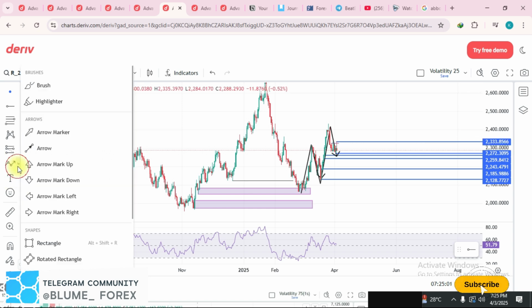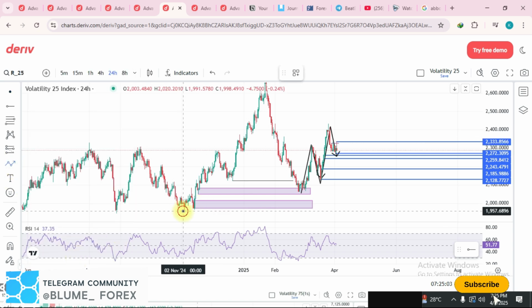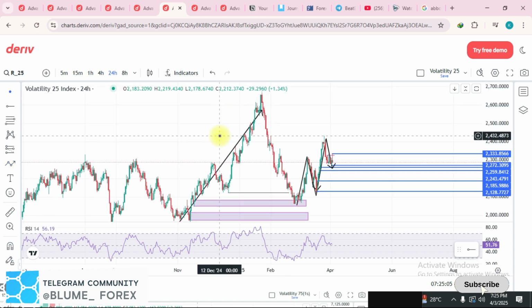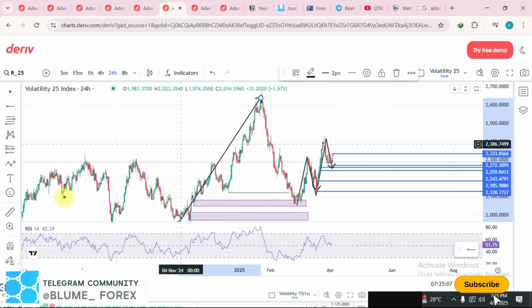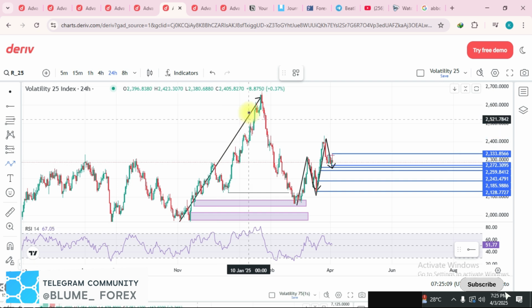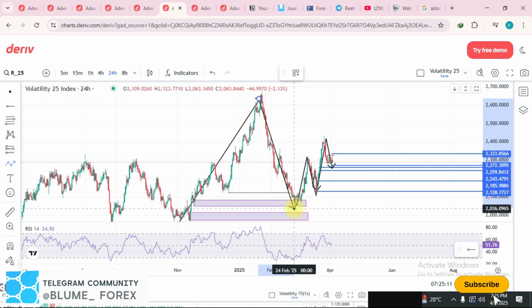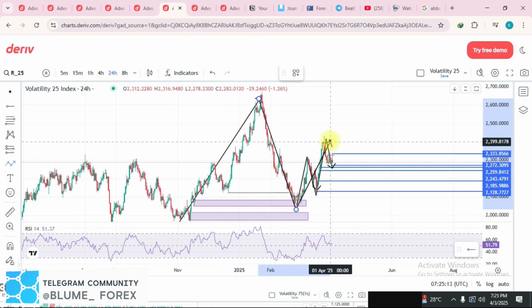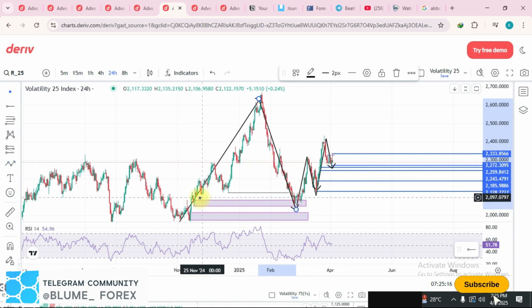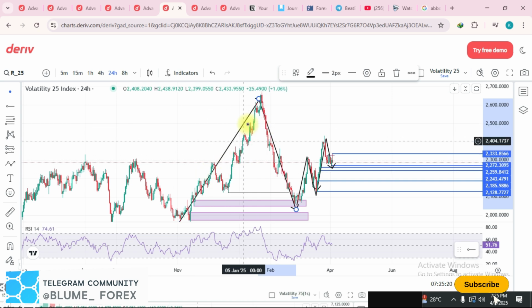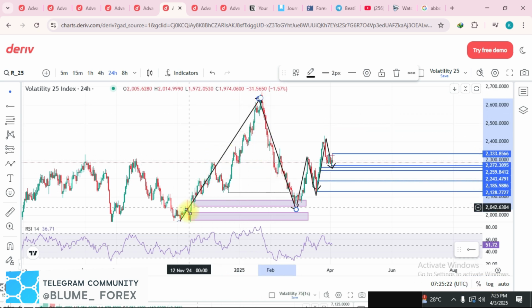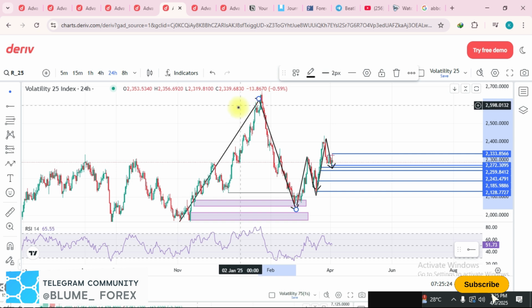Let's say you pick this as your last low, and this as your last high, and then you pick this, so higher high, higher low, and currently you are going to form a high, right? Whatever higher high, higher low falls here will all be minor structures to this whole low and high, right?